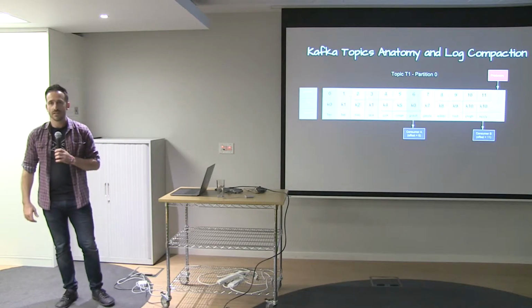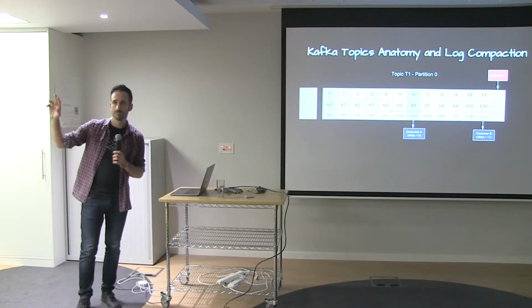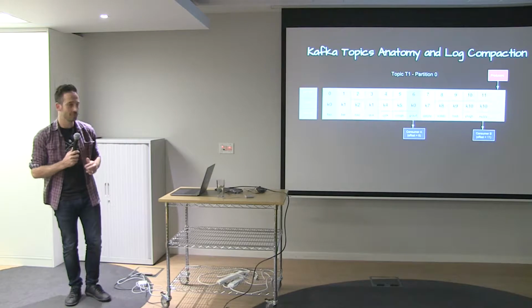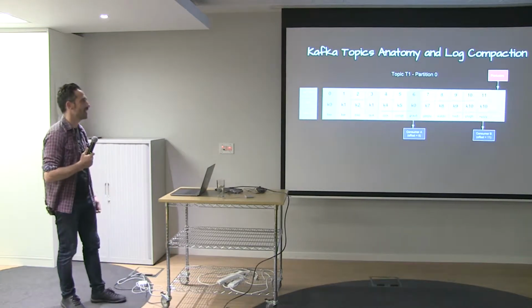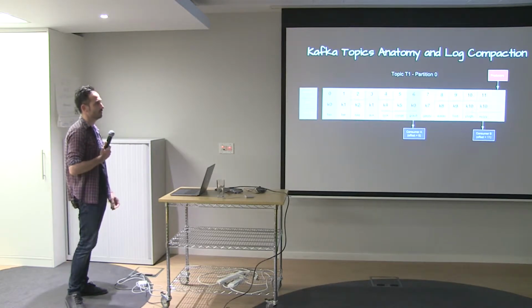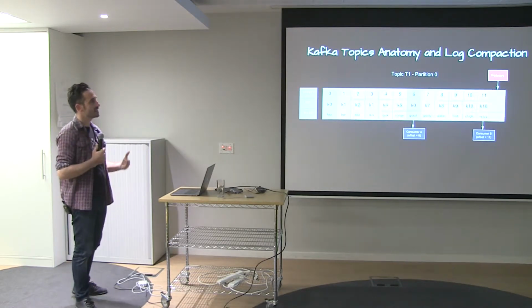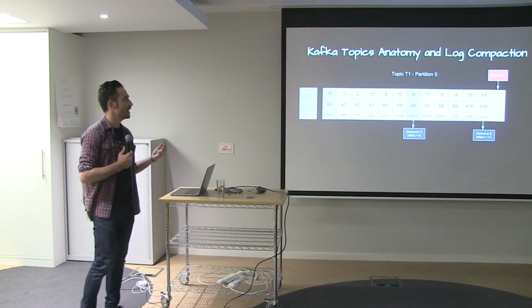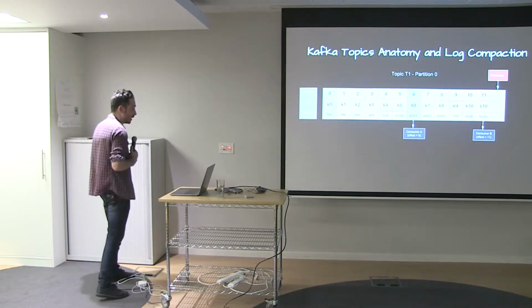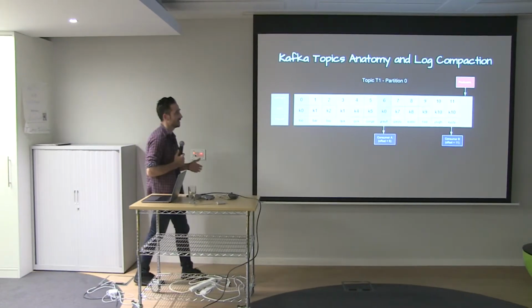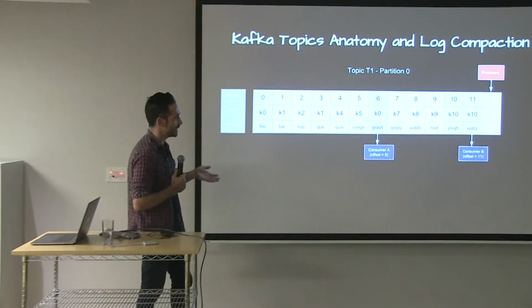Anyone here already using Kafka? Okay, I think I can go pretty fast with this. So what is Kafka? Let's think about Kafka as a distributed file system. The data is structured in topics that then are structured in partitions. Partitions are used for parallelism, basically. The concept is very simple.